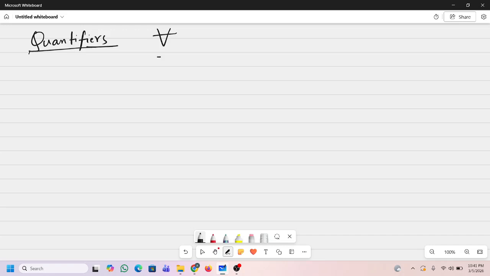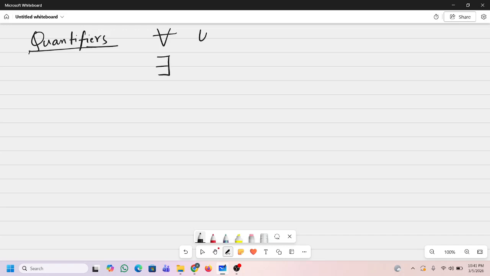Okay, so now introducing the next thing, that is quantifiers. So what are quantifiers? When we talk about quantifiers, there are basically two types of quantifiers. The first one is this and the second one is this.